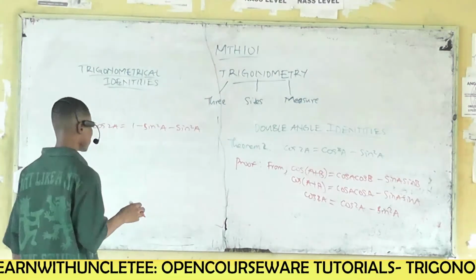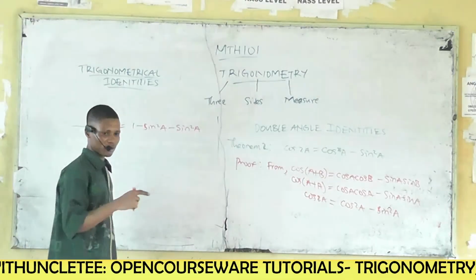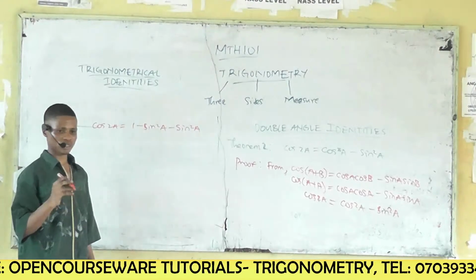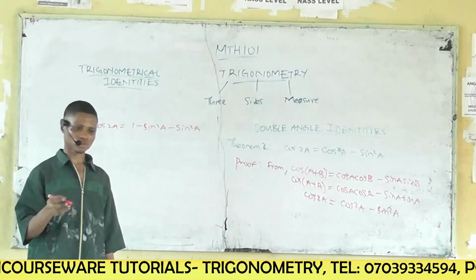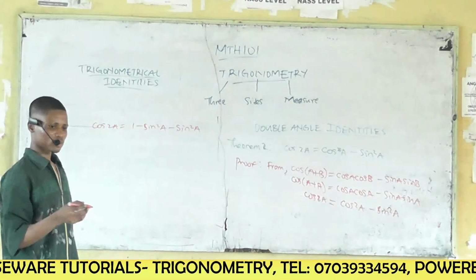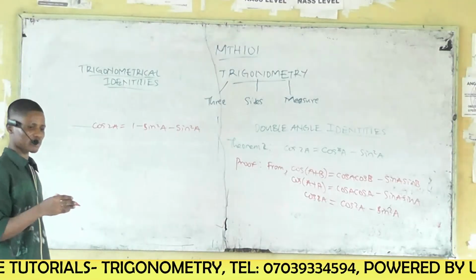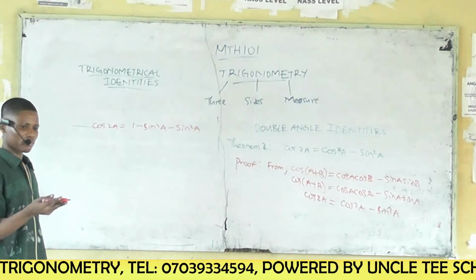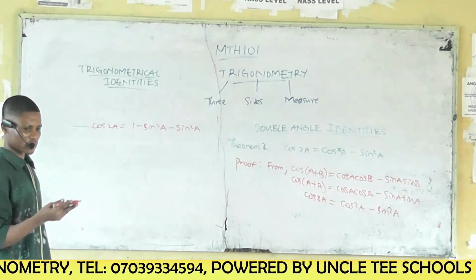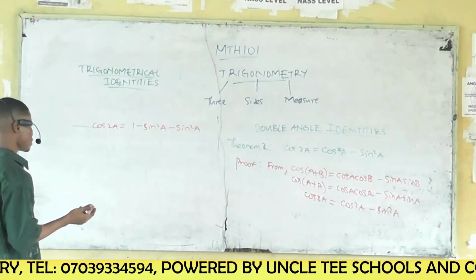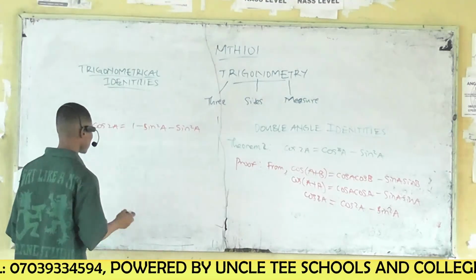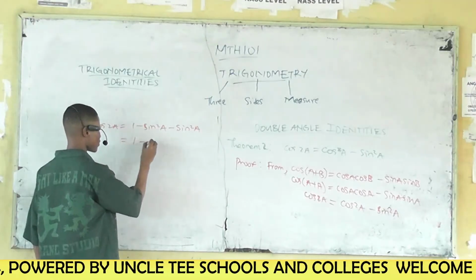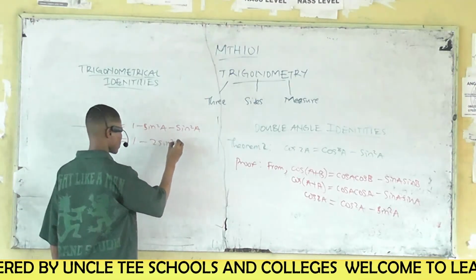So if you make cos square theta the subject, sine square theta will go to the other side, becoming negative sine square theta. So it's the same thing as this. So you can also say that cos 2A is the same thing as 1 minus 2 sine square A.